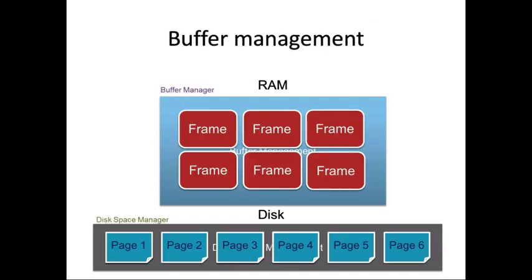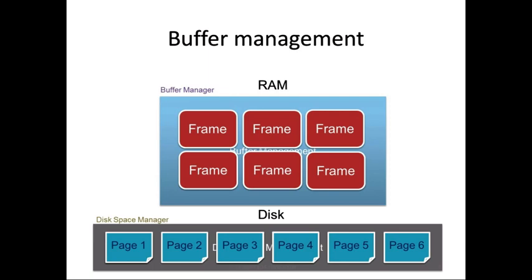In this blue area, the memory space managed by the buffer manager, we have frames, slots in which we can place pages of data, pages that we get from disk. We see here a few pages of data on disk, and we see the frames. You can think about the frames as some kind of parking slots where we can park, we can place pages. They're memory zones of the same size as the blocks of data, the pages of data.